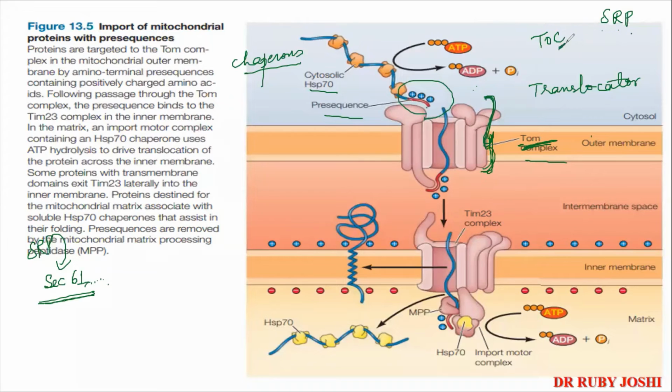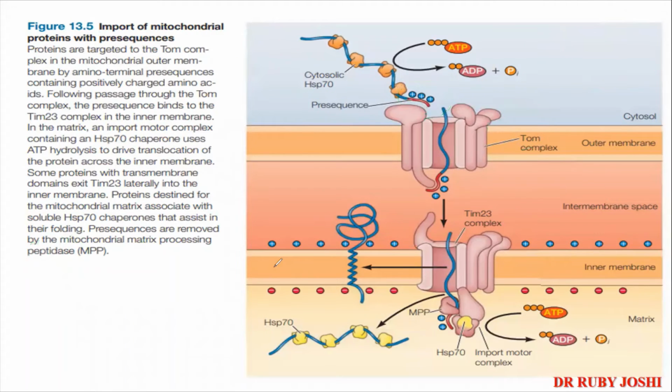Okay, so this is the translocase of your outer membrane, and as you can see, to open the translocator you always need ATP hydrolysis, right? When this hydrolysis is happening, your pre-sequence recognizes over here, and it enters.